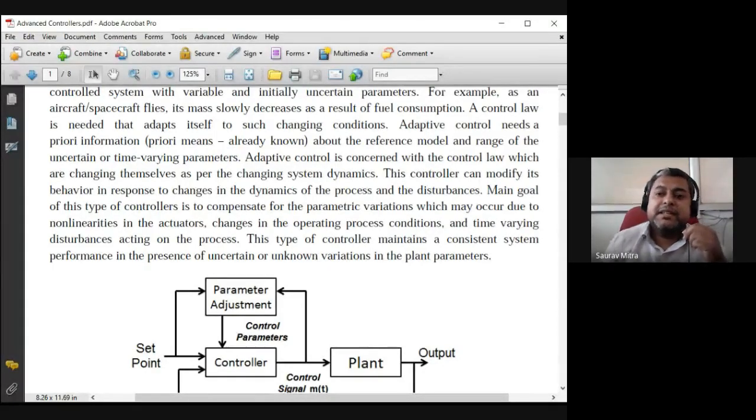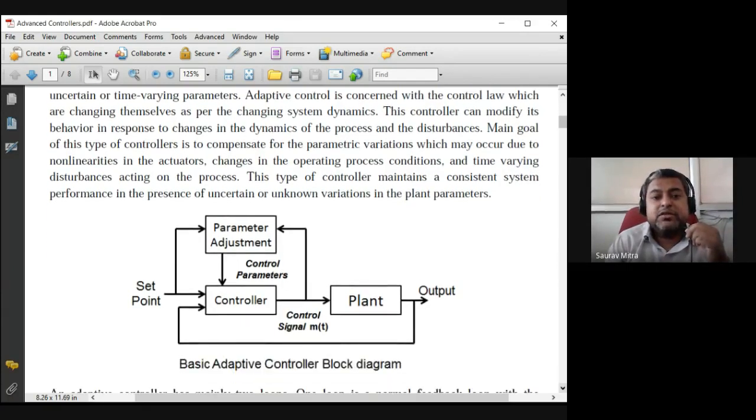Okay. So uncertainty is one thing, and the range of uncertainty is another thing, which should be known a priori to the system. So an adaptive controller needs a priori information about the reference model and the range of uncertain or time varying parameters. So how bad it can be if it is bad, or if it is good, how good it can be.